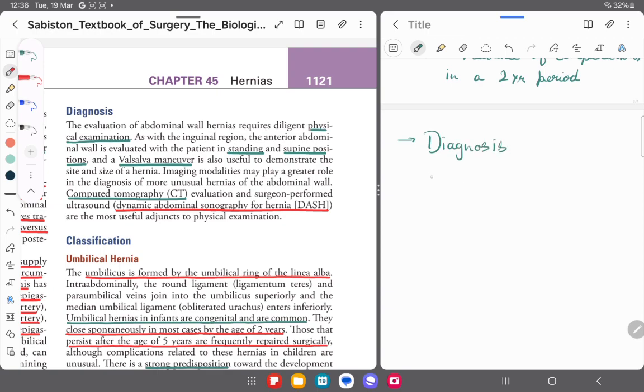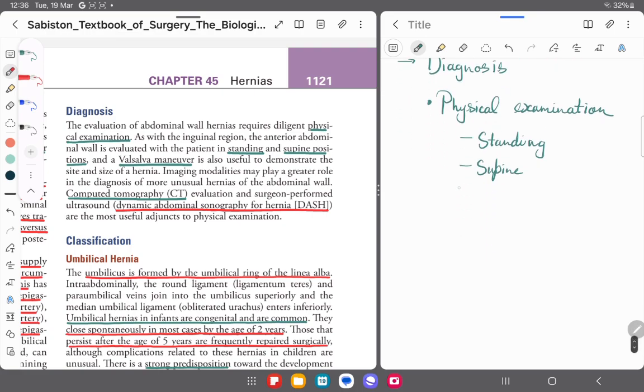Diagnosis is through thorough physical examination. Physical examination needs to be done in standing position, supine position, and also with the Valsalva maneuver.